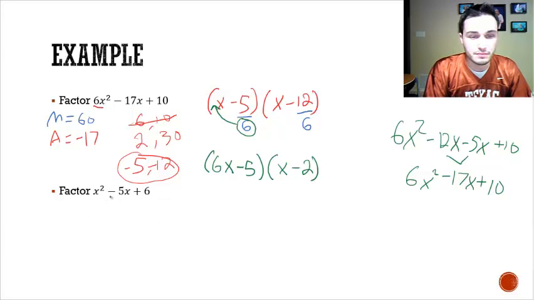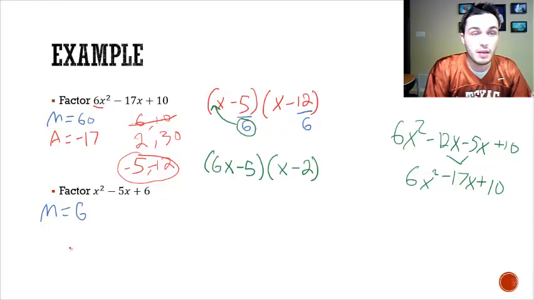Last example. Okay, x squared minus 5x plus 6. So again, step 1, I need to find the multiply number and the add number. The multiply number is this first coefficient times this last number. Well, the coefficient here is a 1. 1 times 6 is 6. That's my multiply number.